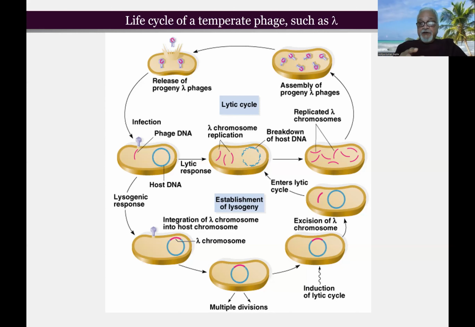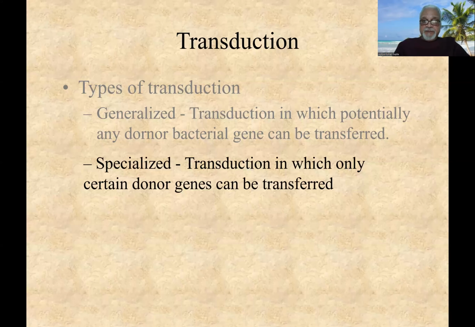And I explained these life cycles because they play an important role in taking host bacterial chromosomal DNA from one cell to another, from donor to recipient. Again, there are two types of transduction: one is generalized transduction, and another is specialized transduction.